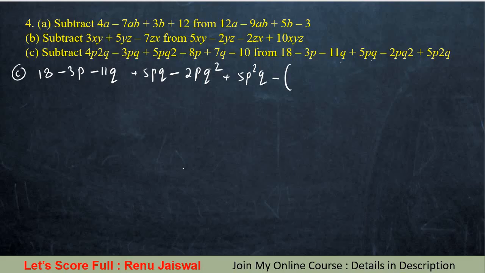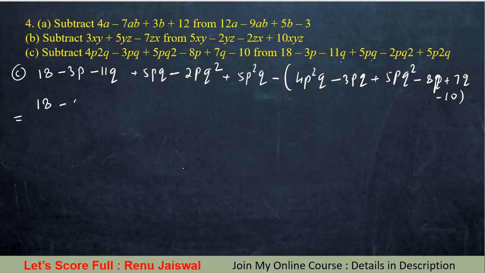I need to subtract, that is why I am putting it into bracket. P square q, pq, 5pq square, 8q, 8p, my bad, 7q minus 10. Then write the other terms as they are and change the sign of the second bracket.